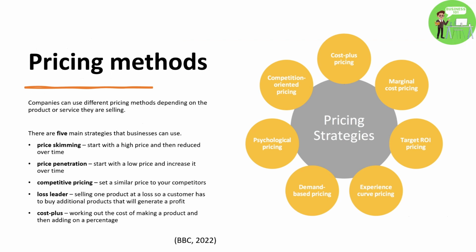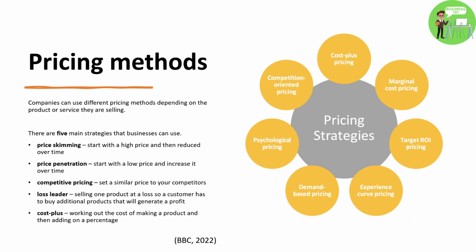Loss leader or loss leading. This is where you sell one product at a loss, so a customer has to buy additional products that will generate profit. An example of this would be PS5s being sold at a loss or at a break-even point, and then essentially charging a little bit extra on the games.